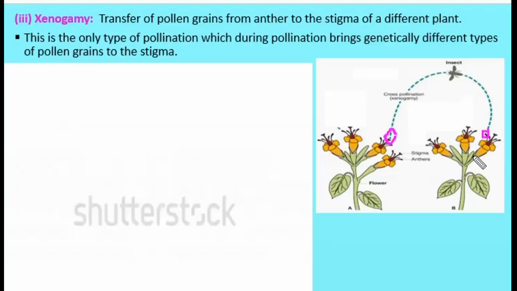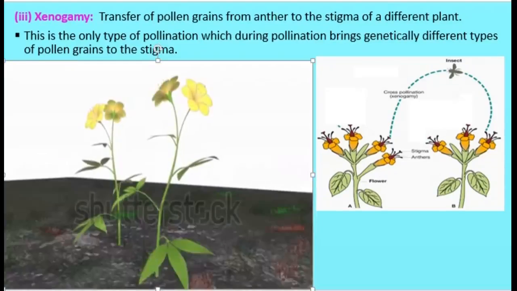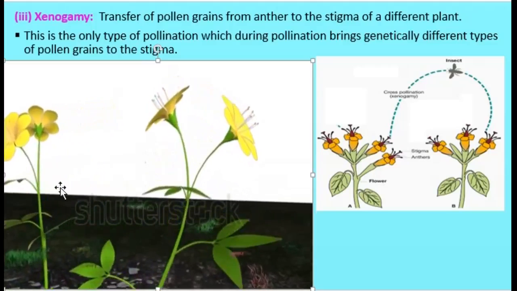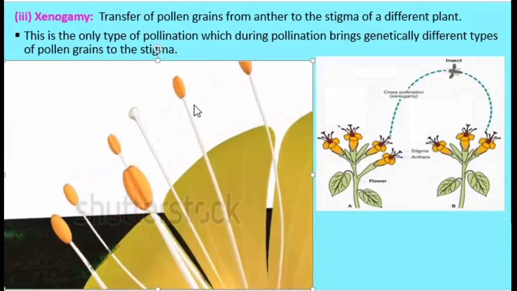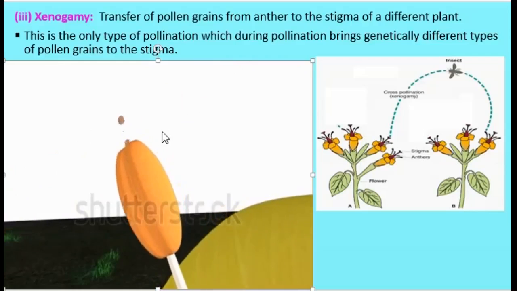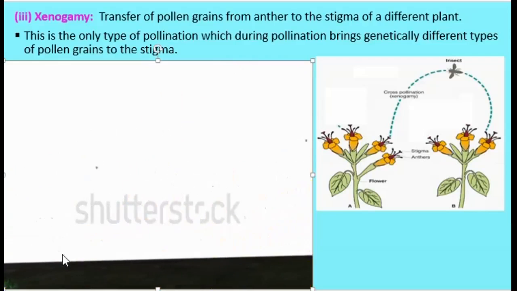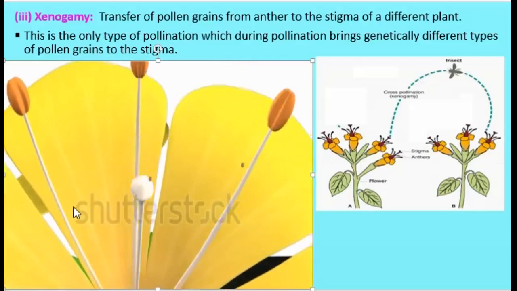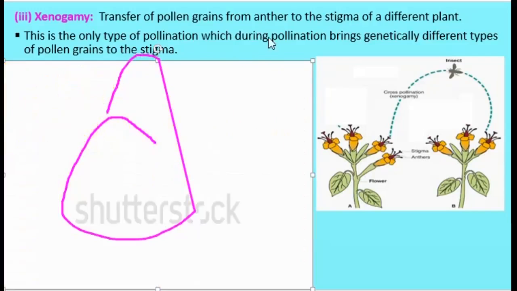This is Xenogamy. Dear students, let us watch one video to understand xenogamy. Observe this carefully. This is one plant and this is another plant. Here these are the anthers. Look at this, this is the anther. Now the pollen grains. These pollen grains are transferred to the stigma. This is a stigma. Yes, it is very clear here.